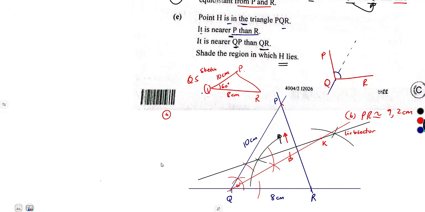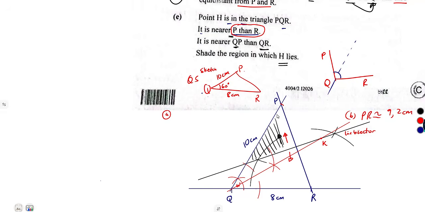Take note, guys, we are talking about this region that was supposed to be taken as it is. But this statement is going to limit us because they said it is nearer P than R. So this is limited by this line bisector. This region that you are seeing here cannot be taken, so you'll only be left with this region here.